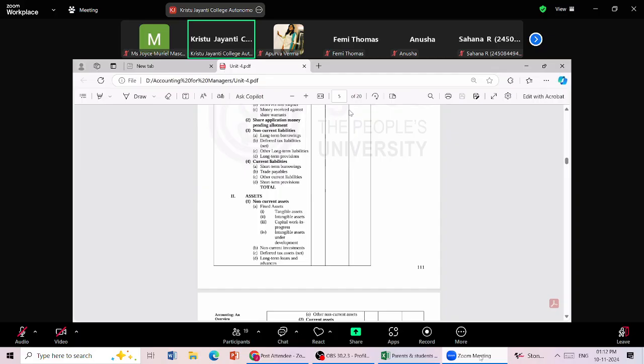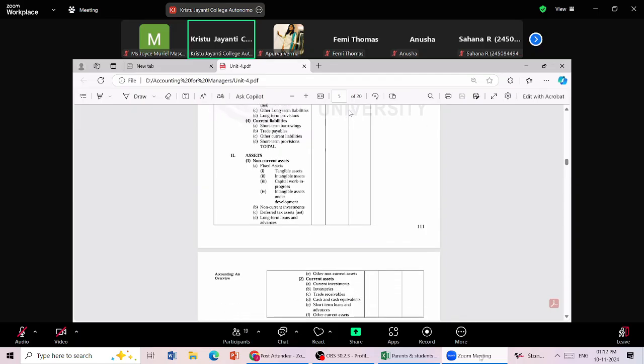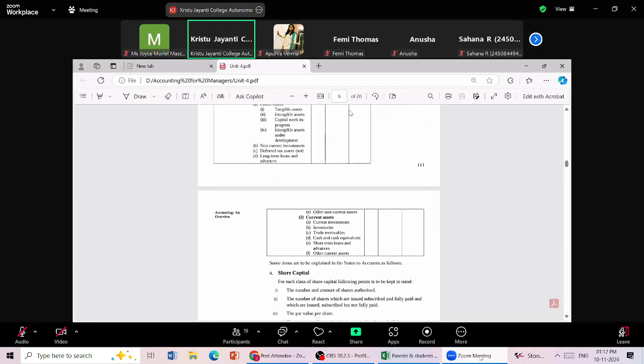If you created a provision more and the tax is less than that, that is deferred tax asset. And long-term loans and advances: if you have lent any loans and advances for more than 12 months, you can show them under that. And other non-current assets, if anything, you can bring under the head called other non-current assets.